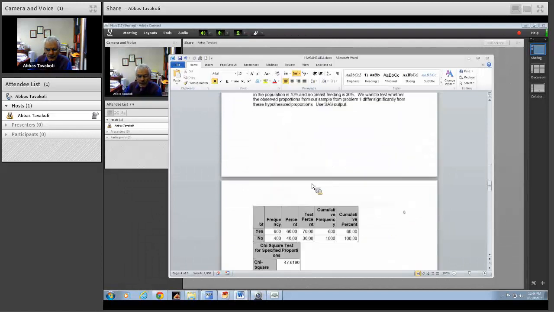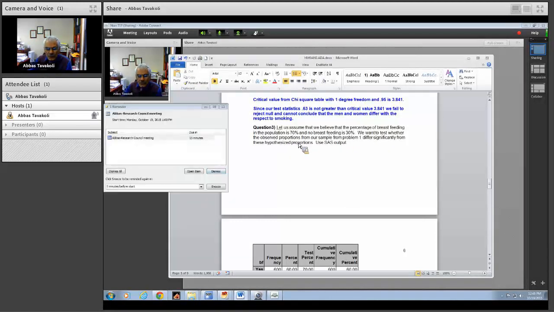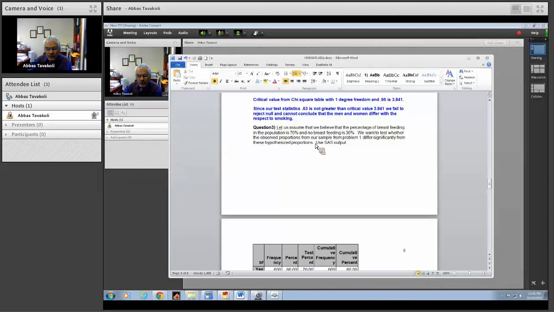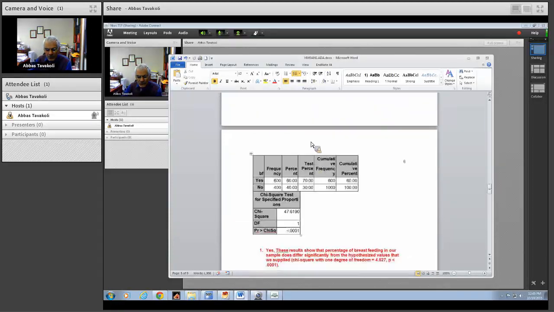And for question 3, we're asking, let's assume that we believe the percent of breastfeeding in the population is 70% and no breastfeeding is 30%. We wanted to test whether the observed proportion from our sample from problem 1 differs significantly from this hypothesis.